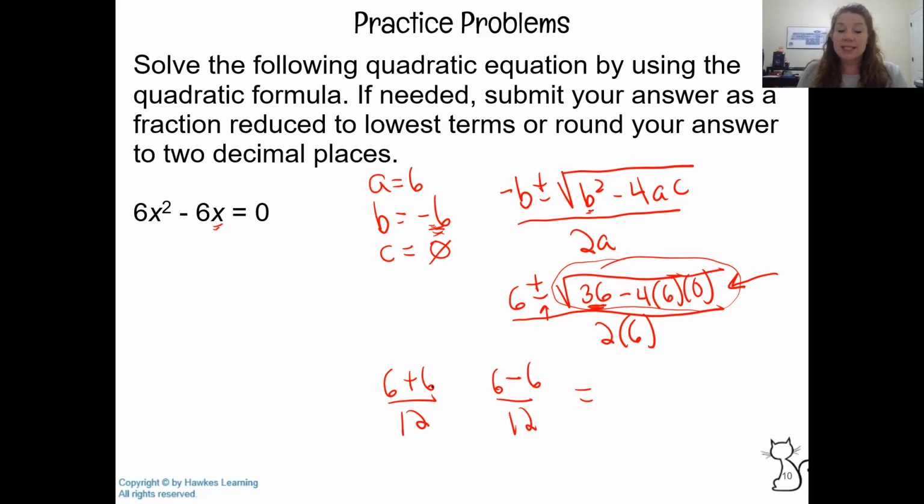Well, 6 plus 6 is 12, and 12 divided by 12 is 1. And then 6 minus 6 is 0, and 0 divided by 12 is 0. So I have two solutions, and the answer is 1 and 0. So those both happen to be positive whole numbers. So those are my two solutions.